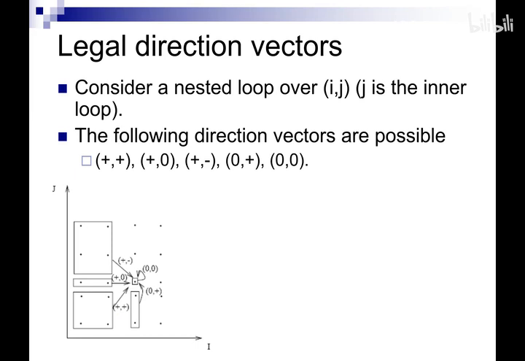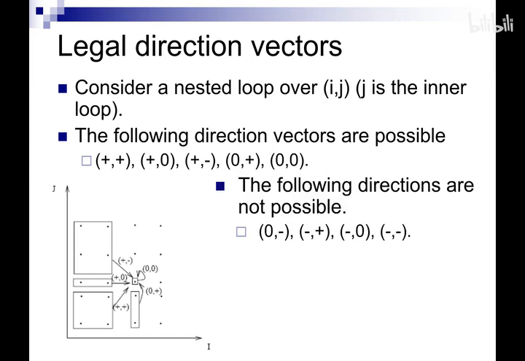We claim that there are certain direction vectors that are legal, and other ones that are impossible. These 5 direction vectors are possible, and these other 4 remaining vectors are not possible. There are 9 overall, 5 of them are possible, and 4 of them are not.